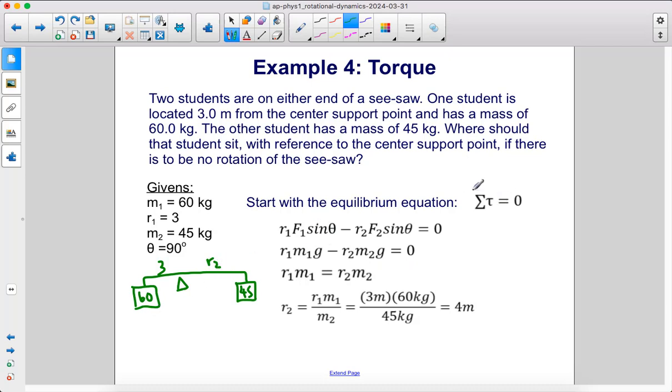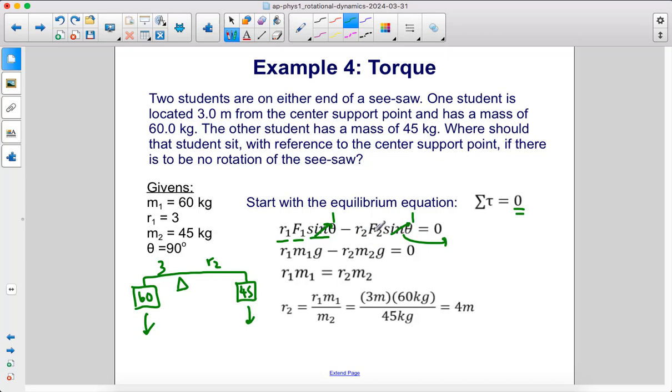So we have the sum of the torques equals 0. We want the clockwise torque to be equal to the counterclockwise torque so that they're in balance, so that they cancel out. We want them to add up to 0 so that this will not rotationally accelerate. So we'll say this torque is positive, and remember the torque is the force times the distance from the fulcrum times sine theta. But both of these angles are going to be 90 degrees, so the sines just become 1. So we set them equal to each other, and remember this one's positive, this one's negative, therefore you're going to move this one over to the other side.